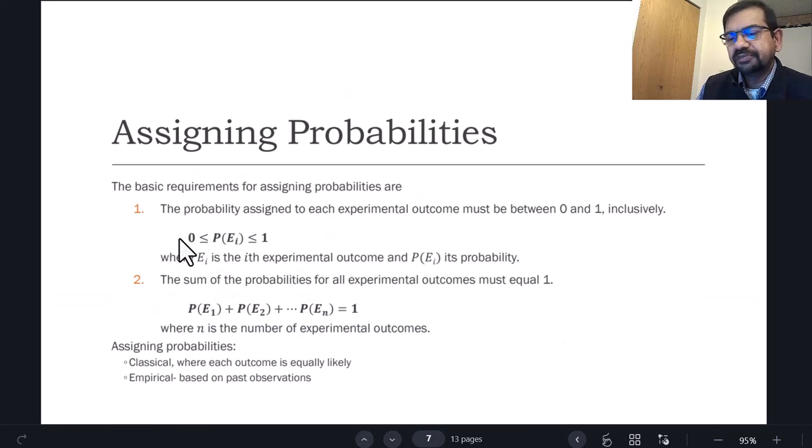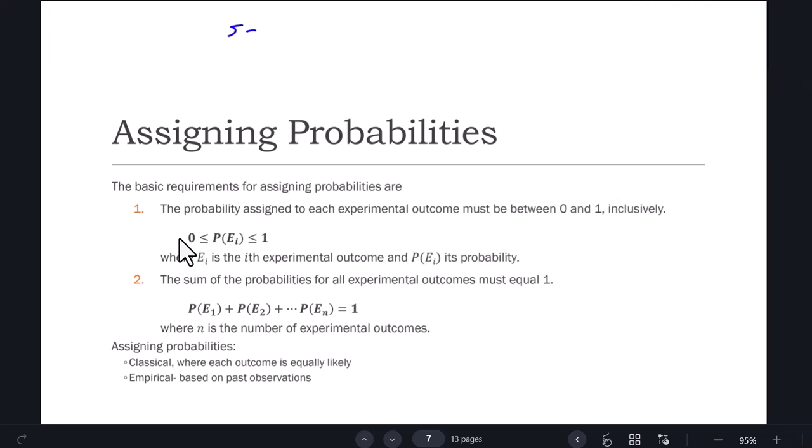So when we assign probabilities, we said the 2 rules are that probability for a specific outcome from our set of possible outcomes that can happen is between 0 and 1, and that all these probabilities will add up to 1. So coming back to our coin toss example, we say that our sample space is getting a head and a head.